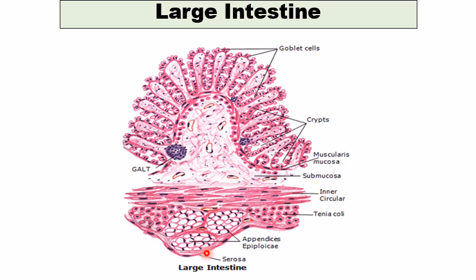Stomach, we have the fundus and pylorus. Small intestine, we have duodenum with the pancreas and the ileum. Large intestine, the colon. High power slide, the crypt of the large intestine.